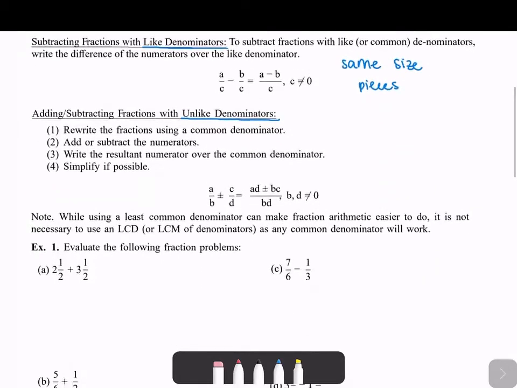Okay, so now if we're adding and subtracting fractions with unlike denominators, we have an algorithm that tells us how to do that. The first thing you do is rewrite the fractions using a common denominator.